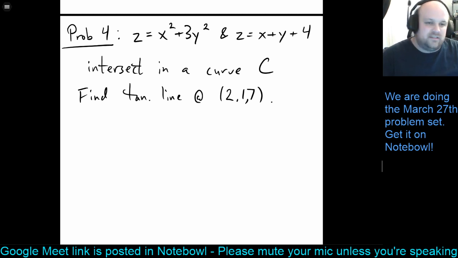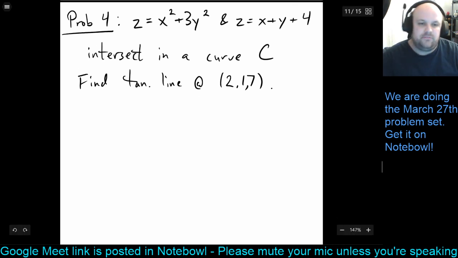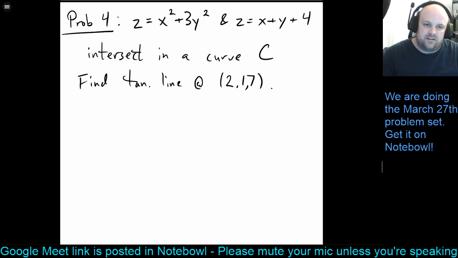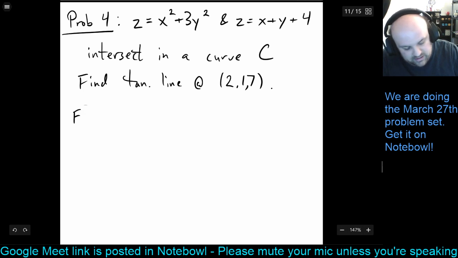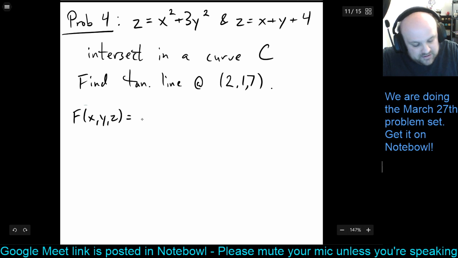Look at the last bit of this problem here, right? So we need to view these surfaces as level surfaces of something. For the paraboloid, again, we're just going to push everything to one side. It's a good idea to write down variables for this.